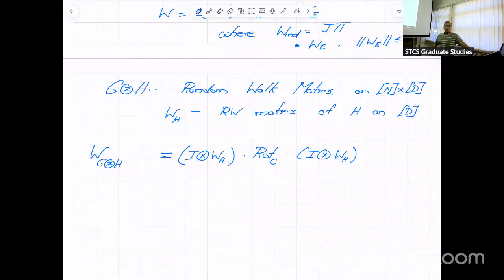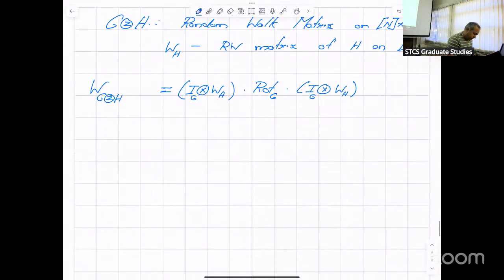Are people with me on this? Because the first step is just a walk in the cloud. I'm dropping the subscript G; this is I_G. You're not changing G at all. Then, based on it, you're doing a Rot step, moving across, then doing I_G tensor W H. It's a very concise way of writing the whole thing that we had written previously.